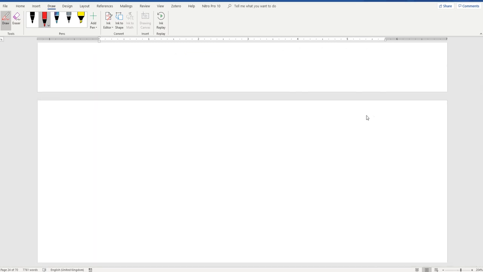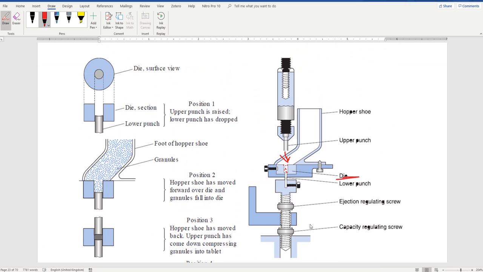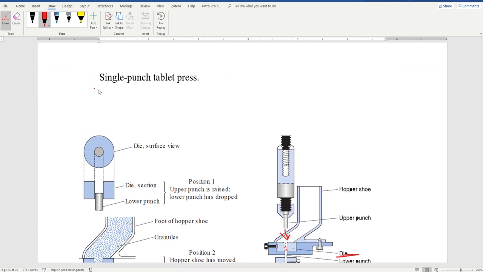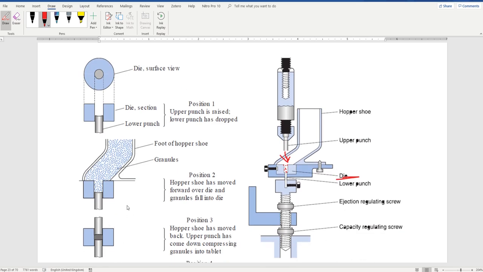Of course, what I described for you is mainly for the single punch tableting machine, or tablet press. In industry we have another type of machine. Why? Because this single punch or single station tableting machine will not be able to produce the large number of tablets required on an industrial scale.